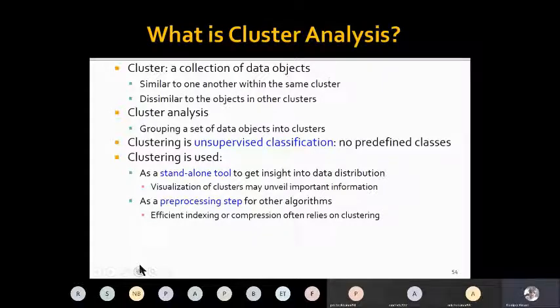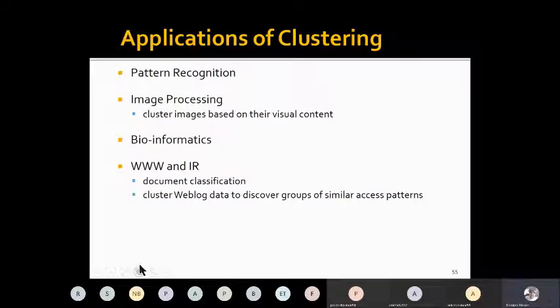Well, this is the formal definition of cluster analysis, and often the cluster analysis is used as a pre-processing step for other algorithms. Sometimes we can even use cluster analysis as a pre-processing step of a classification algorithm. It groups data objects into clusters, and each cluster is defined by a cluster center. Examples include pattern recognition, image processing, bioinformatics, and information retrieval, where we can use cluster techniques for document classification.